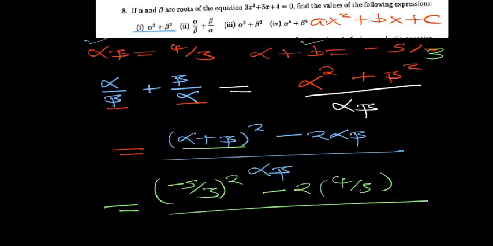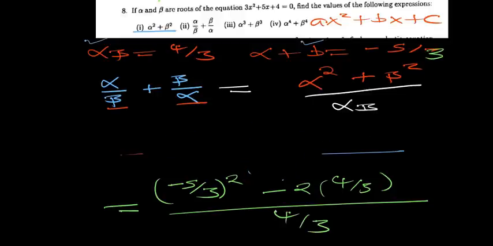Alpha beta is 4 over 3. So dividing by that, you can now try to simplify this.